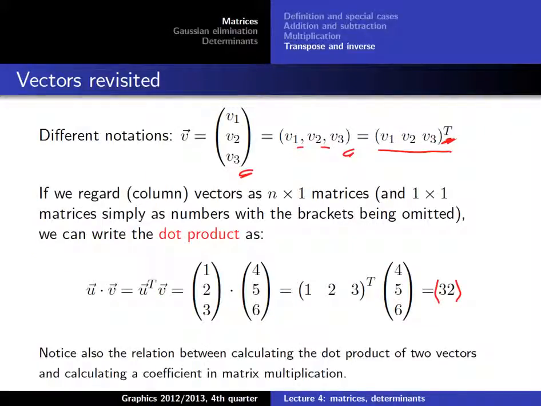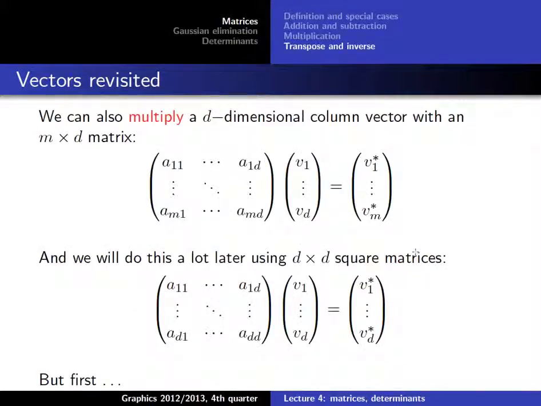Another case where this vector multiplication is very important is when we multiply a vector with another vector, so a 1 cross n matrix with an n cross 1 matrix. Let's write down 1 cross n with n cross 1. But of course, you can also multiply a vector with another matrix as long as this dimension here is the same as the dimension of the vector.